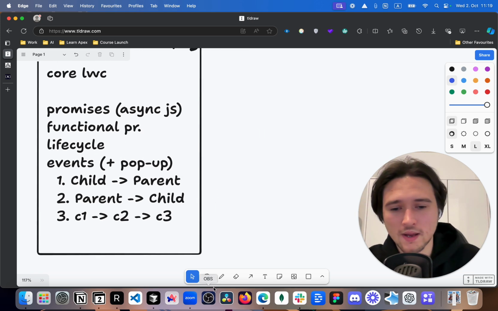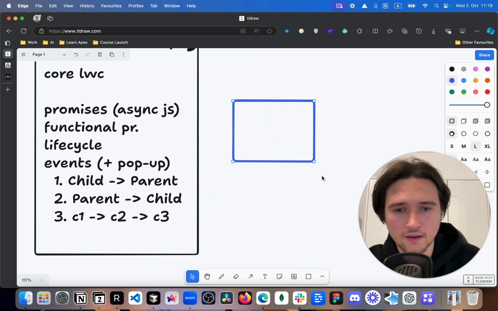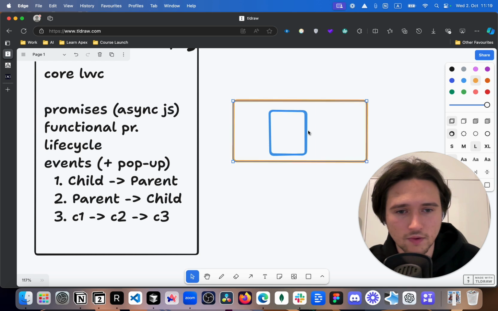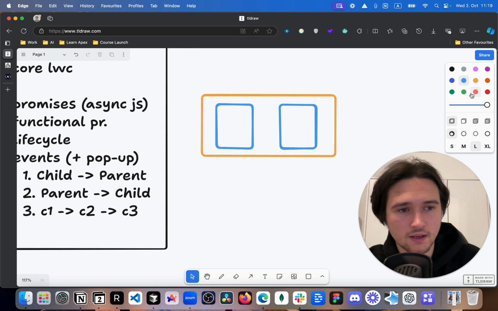It's like when you have one component and then you have another one inside. Let's say like this. Okay, so this is more realistic. You have one, then another one here, and then another one here.